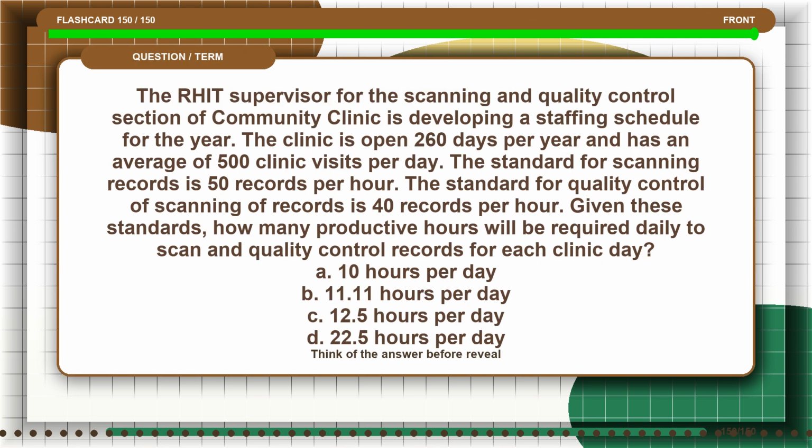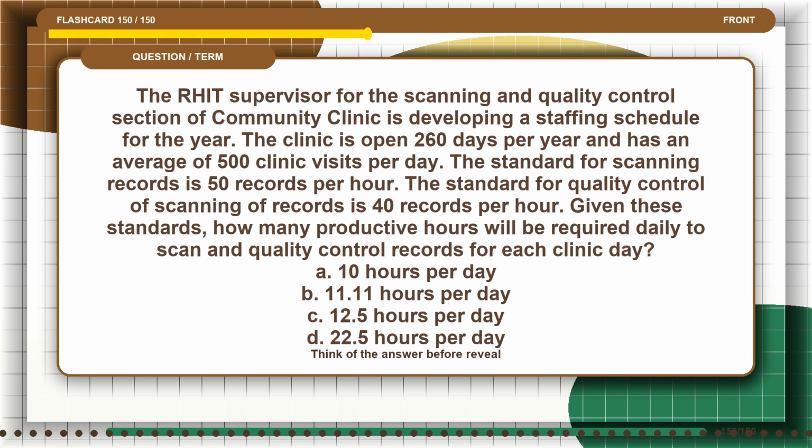Flashcard 150. The RHIT supervisor for the Scanning and Quality Control section of Community Clinic is developing a staffing schedule for the year. The clinic is open 260 days per year and has an average of 500 clinic visits per day. The standard for scanning records is 50 records per hour. The standard for quality control of scanning of records is 40 records per hour.